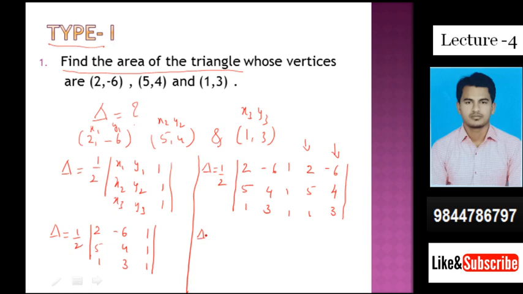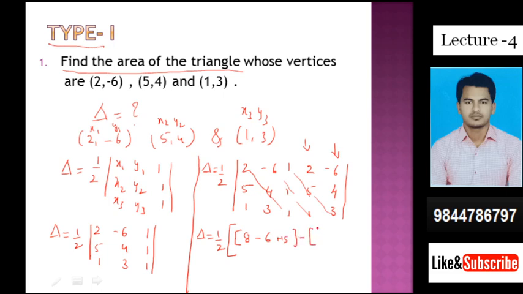Now delta is equal to 1 by 2 as it is. Make it a big bracket. Here is a small bracket. Multiplying diagonal elements: 2 4s are 8, minus 6 1s are 6, 1 5s are 5, 5 3s are 15, plus 15.